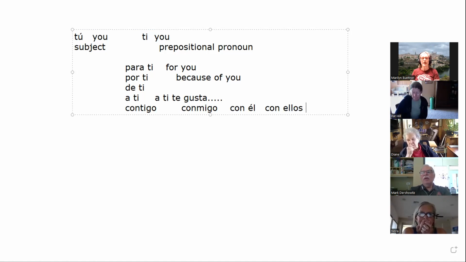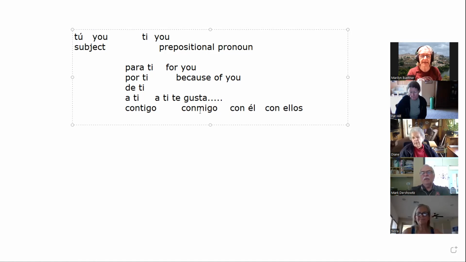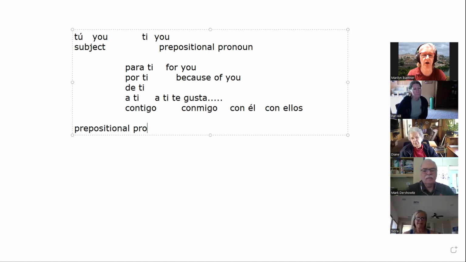Bien. But in those just now, when you say con él, con ellos, él and ellos would also be a subject pronoun, right? Yeah. So here's the thing. Prepositional pronouns, just a quick rundown, because this doesn't take long at all.